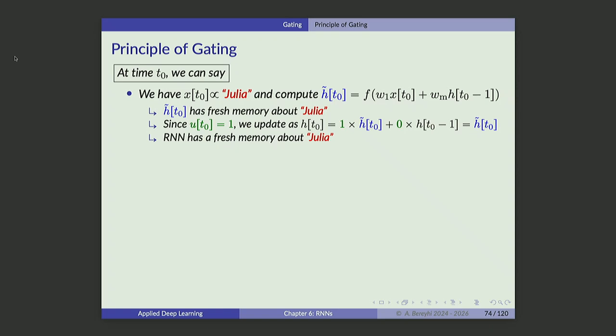Everybody agrees? Then I have set u to be 1 at this time. This means that my memory is going to get updated exactly with the fresh information about Julia. So my memory at time t0 is directly computed from the word Julia.